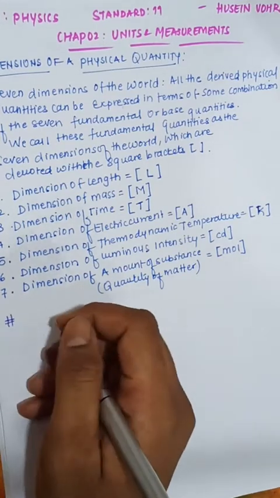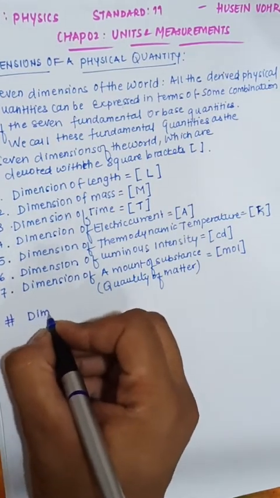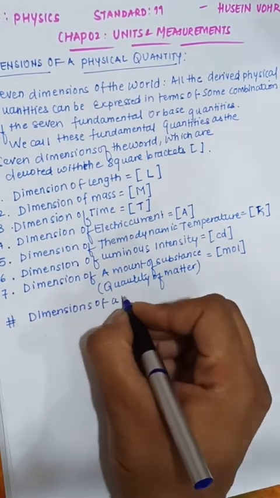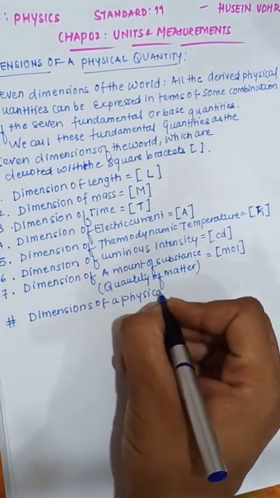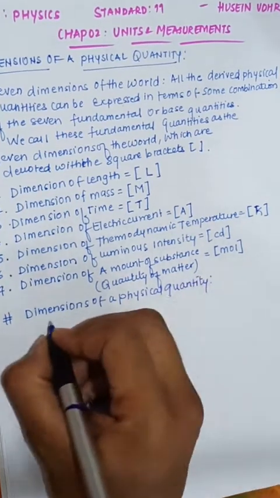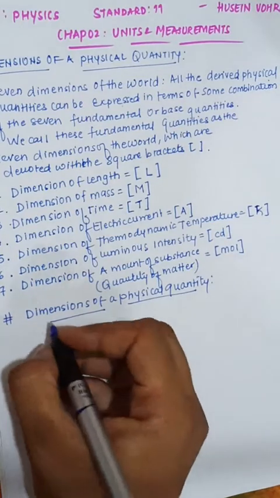The next topic is dimensions of a physical quantity. Now, what exactly is the dimension of a physical quantity defined as?